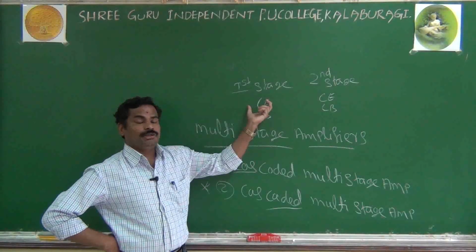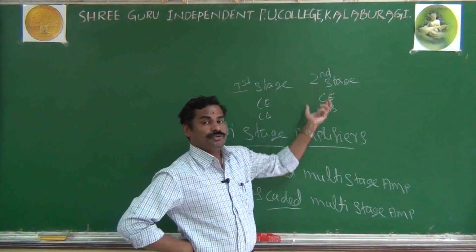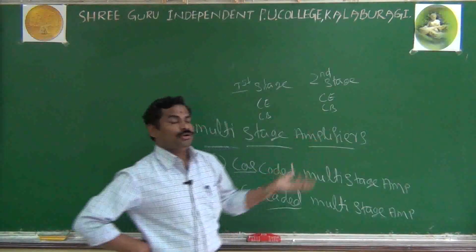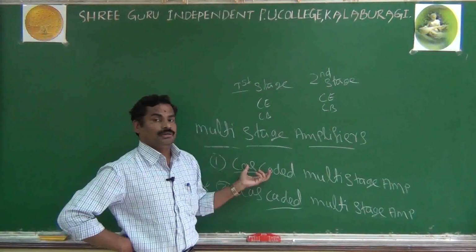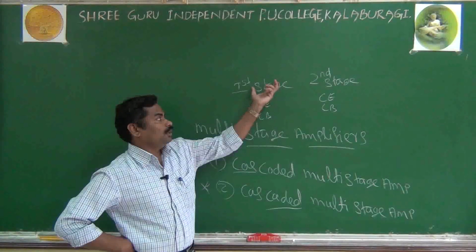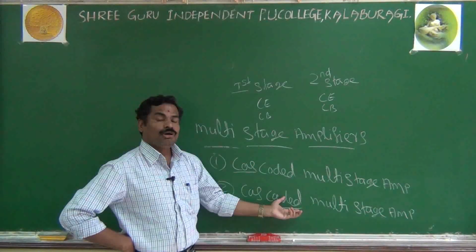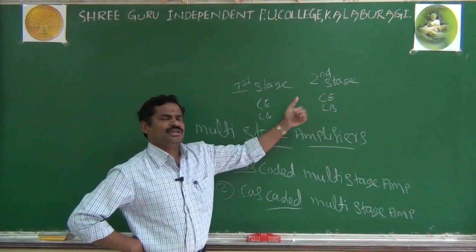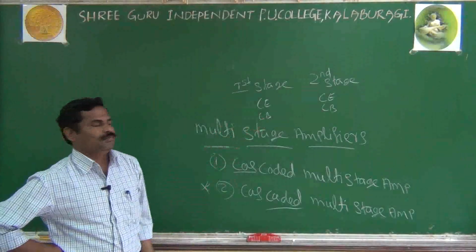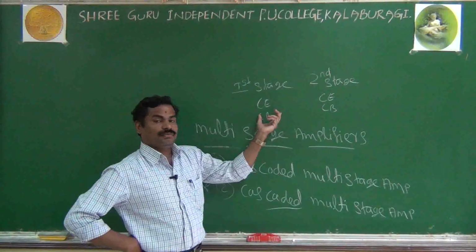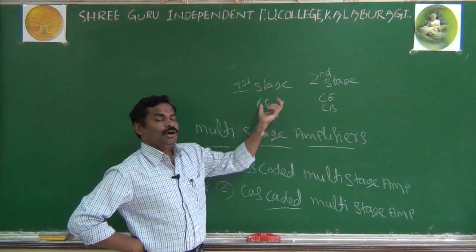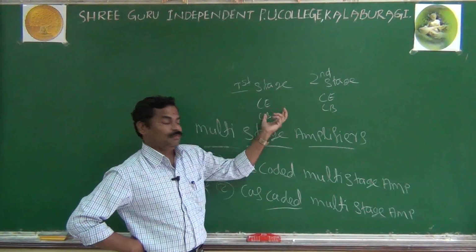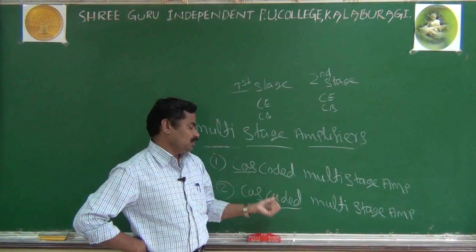If you use common emitter in the first stage, you use common emitter in the second stage too. In a cascode you use different configurations, but in a cascade you use the same configuration in the first stage, the second stage, or maybe a third stage and so on. Also, you use the same type of coupling between the stages.